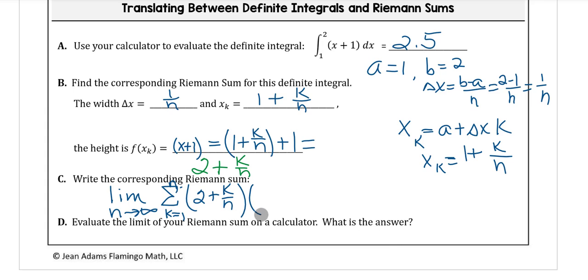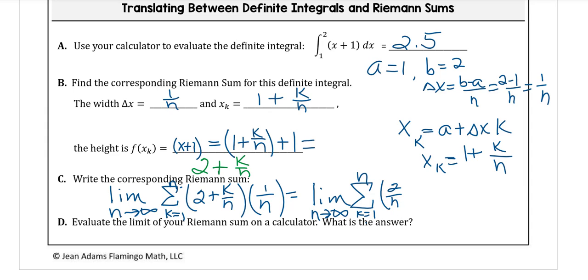That's our x plus 1, and then times our delta x, which is 1 over n. If we simplify that a little bit, we can write it this way. The limit as n approaches infinity of our summation of k equals 1 to n is going to be 2 over n.